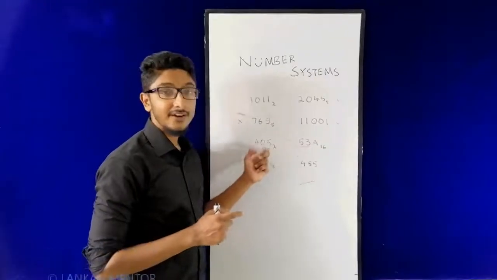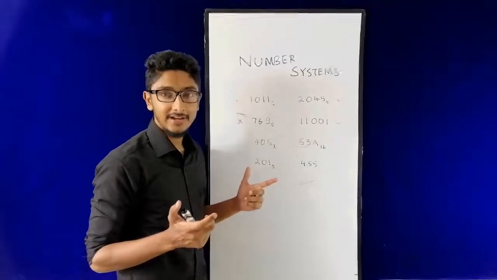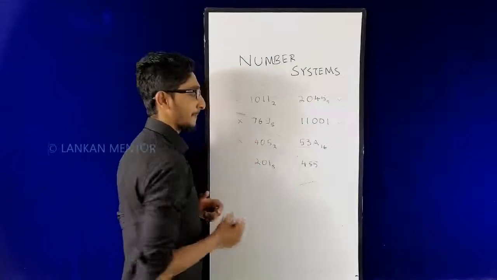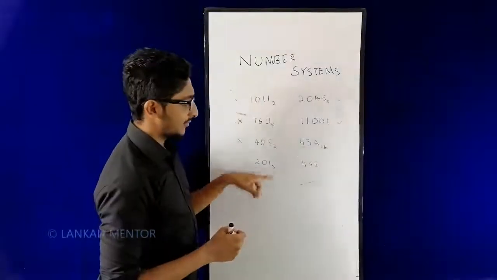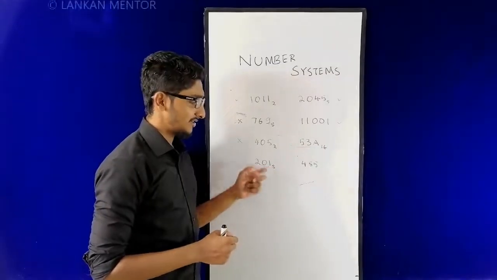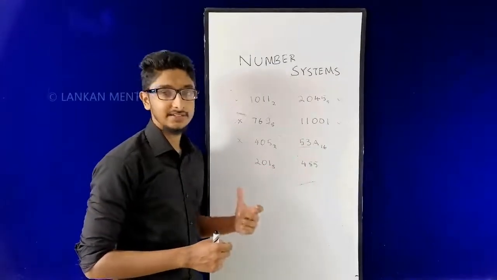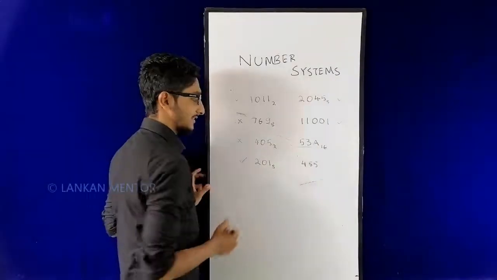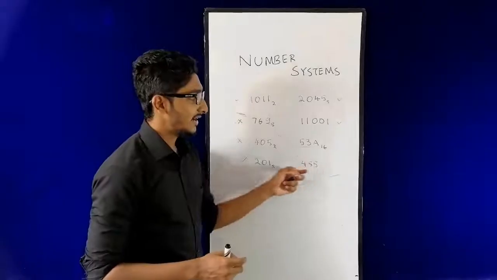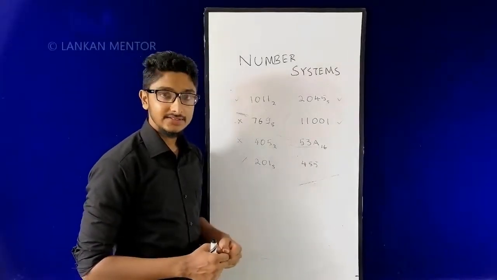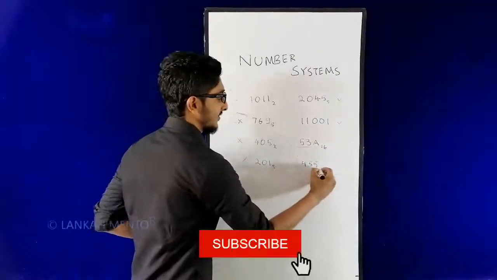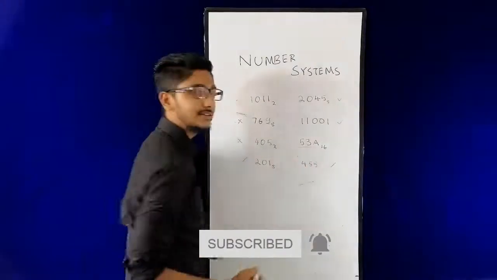So 4 and 5 cannot come, right? So again, this is wrong. And 201 base 8, is it possible? 2, 0, 1, everything is there in base 8. So it is correct. 455, if it doesn't have any base, what is it? Decimal, right? So decimal means it is correct.